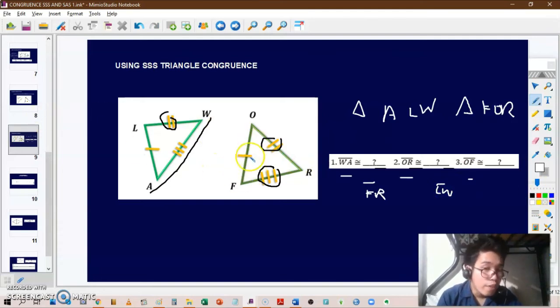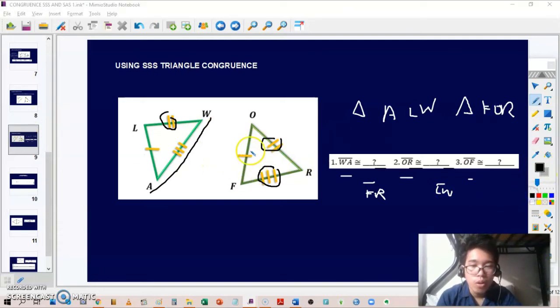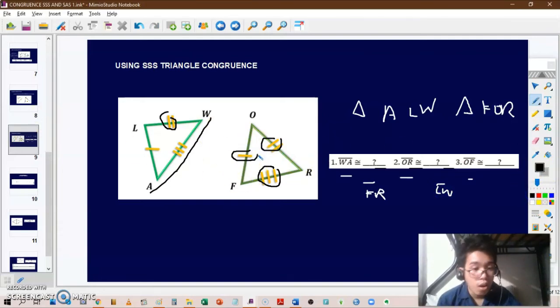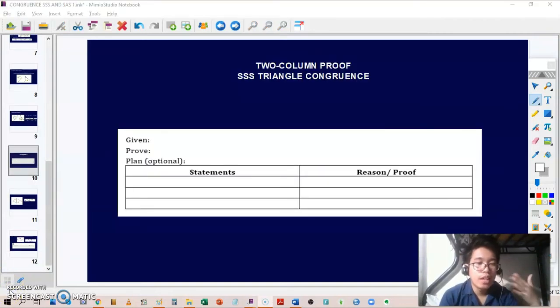Again we have the symbol, and we can see on the triangle that it has another corresponding side, line segment LA. Therefore we simply write here line segment OF is congruent to line segment LA.